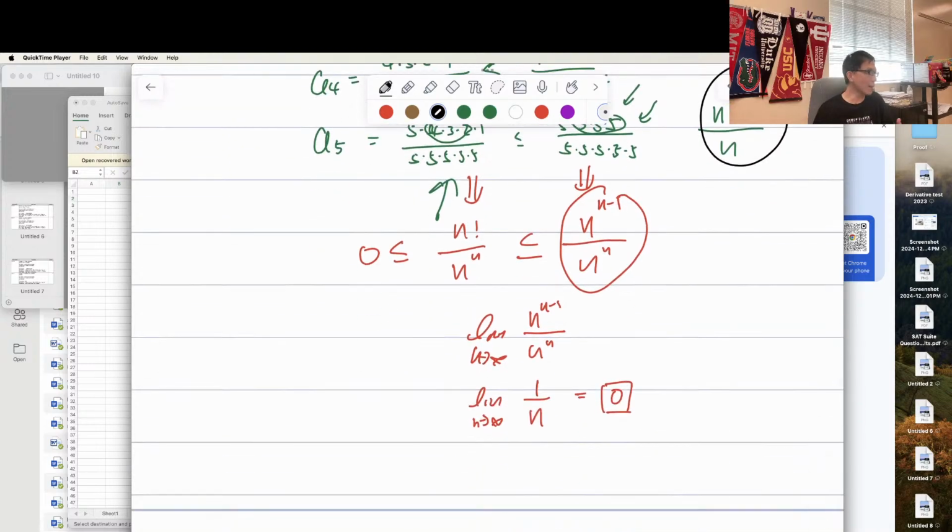That's how the squeeze theorem works. You have to come up with something that's bigger. It made sense.